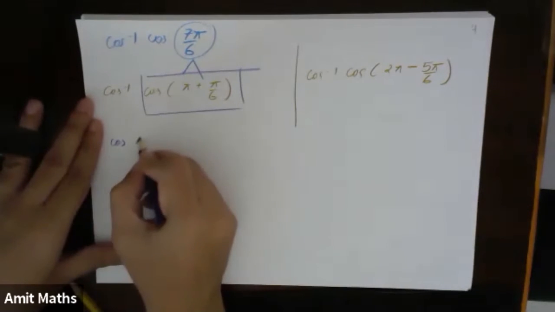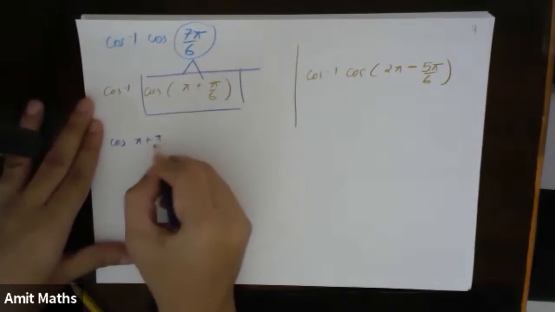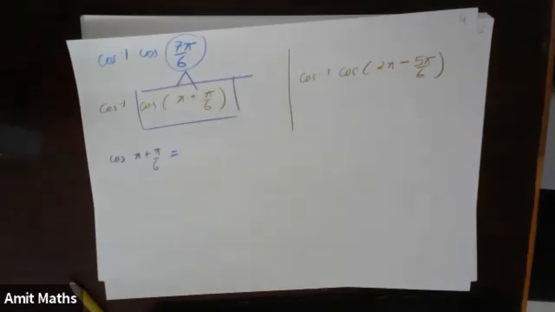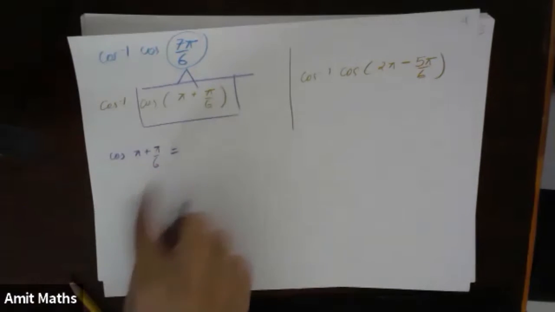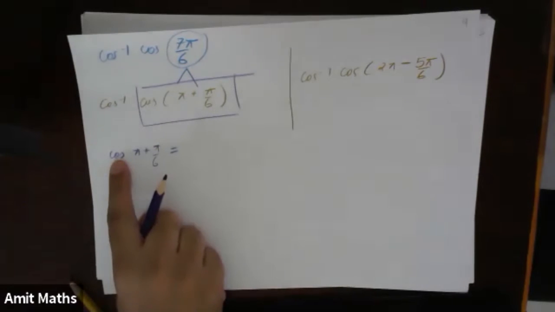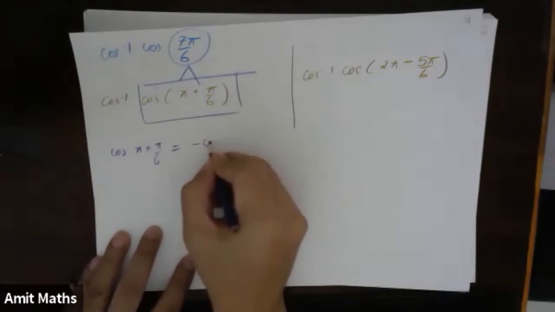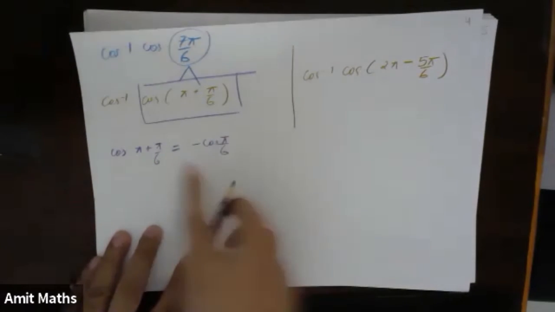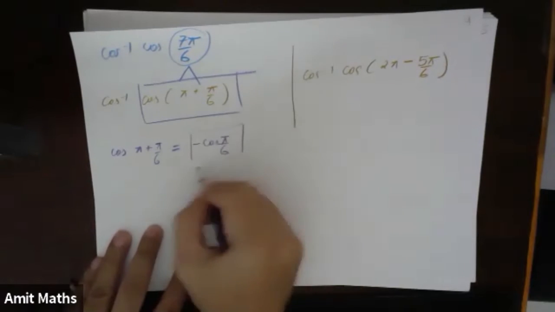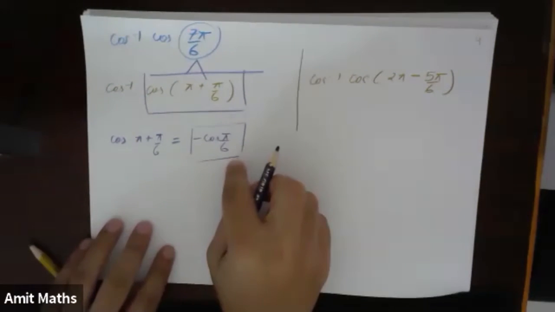Cos of pi plus pi by 6 is what? The trigonometric ratio will remain the same, but it will be minus. So this will become minus of cos pi by 6, right?